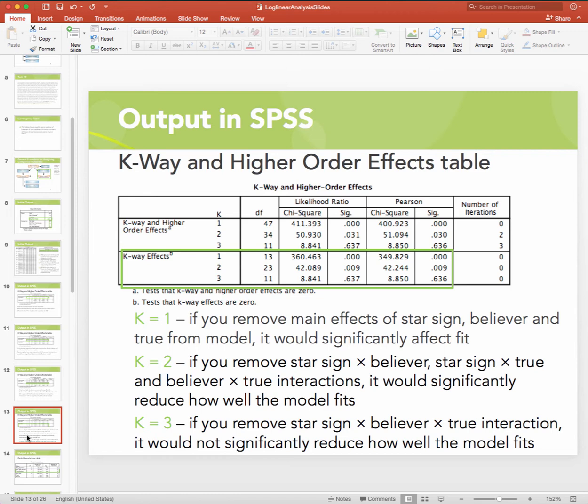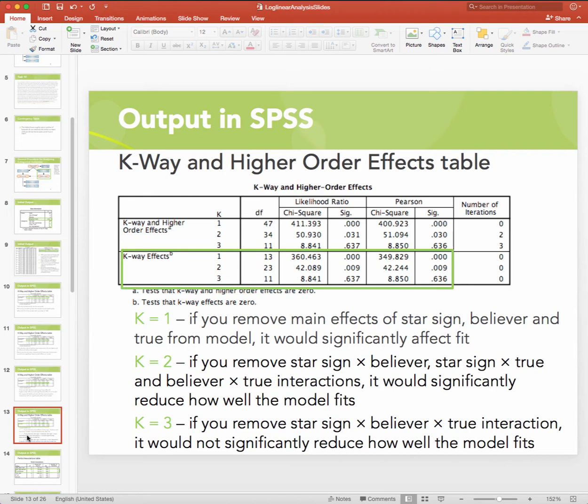The second row, K equals 2, tests whether removing the two-way interactions has a significant detrimental effect on the model. The p-value is less than 0.05, indicating that if we remove the star sign times believer, star sign times true, and believer times true interactions, then this would significantly reduce how well the model fits the data.